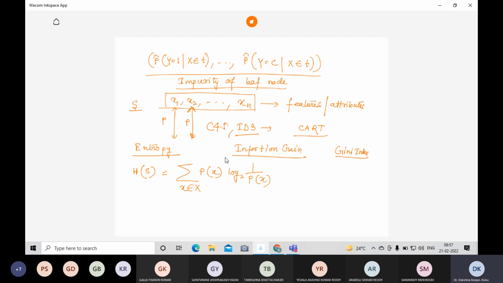You are familiar with this equation. This is the equation of Shannon entropy, and this entropy gives us the measure of the amount of randomness or uncertainty.